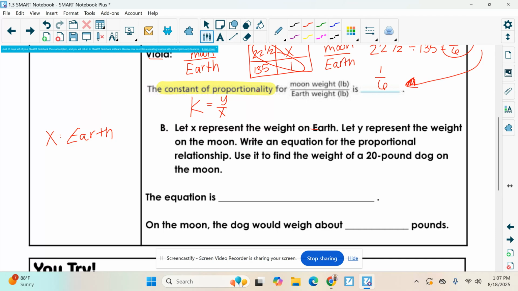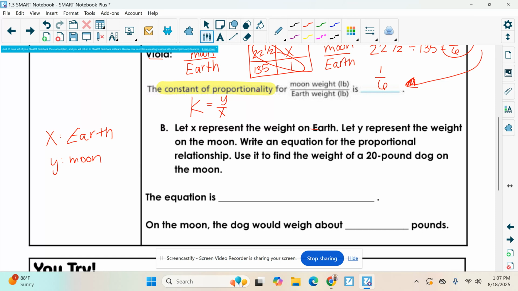Y represents, so let's make it easier to read. Y is on the moon. I have to make little side notes like that, guys, because I'd rather look at that really quick than have to read through a bunch of information.